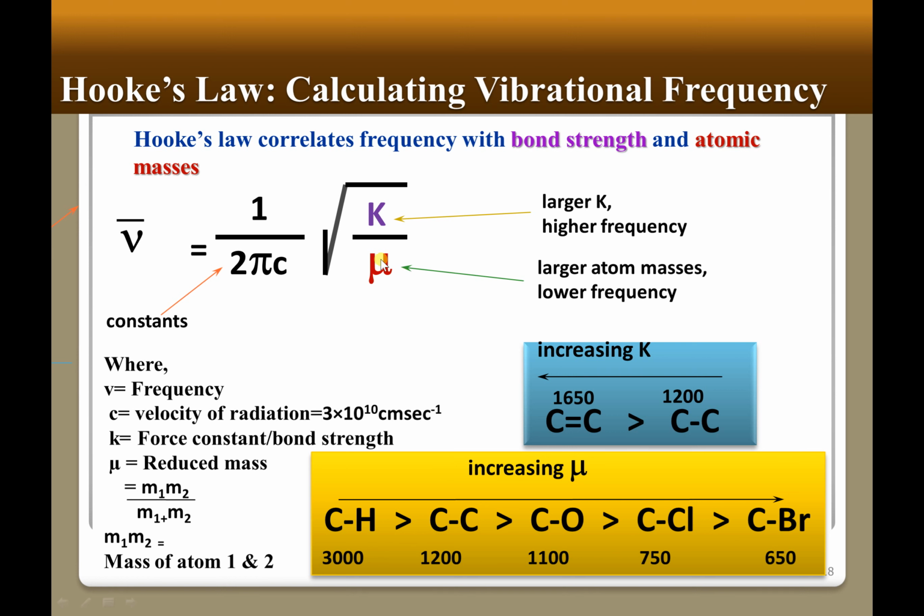So if your molecule has bulkier atoms, your denominator will increase. And therefore, compared to H, carbon is heavier, compared to carbon, oxygen is heavier, compared to oxygen, Cl is heavier, compared to Cl, Br is heavier, and therefore the frequencies go on decreasing. Because heavier atoms will not vibrate as frequently as the lighter ones, while CH will vibrate like anything.